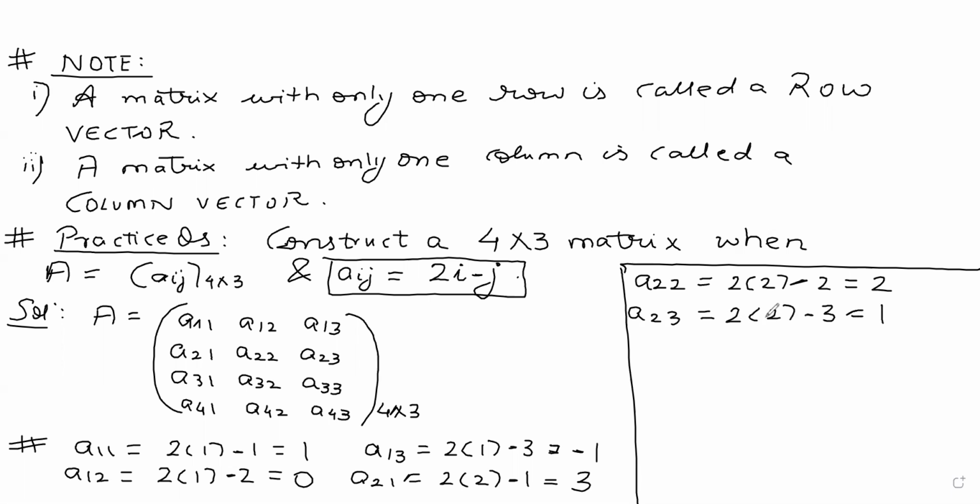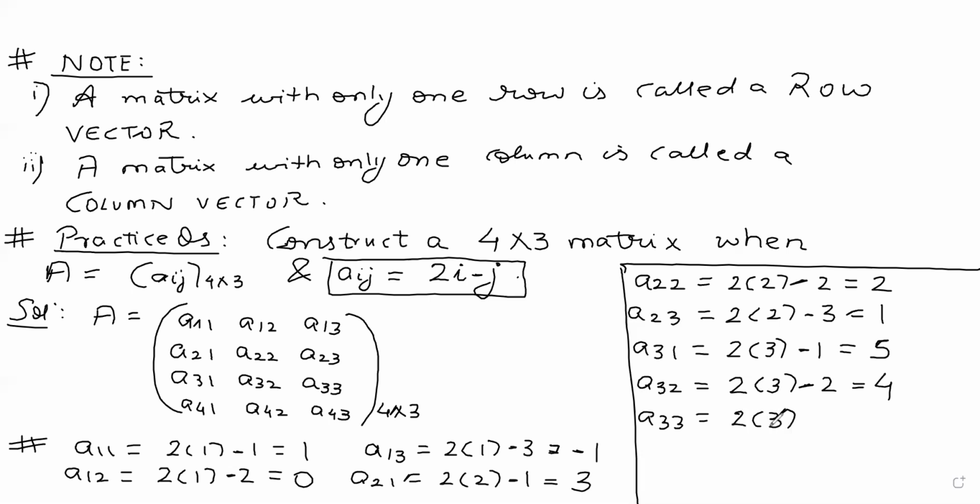A31 will be 2 times 3 minus 1. A32 will be 2 times 3 minus 2, which is 4. Okay, A33 will be 2 times 3 minus 3, which is 3.